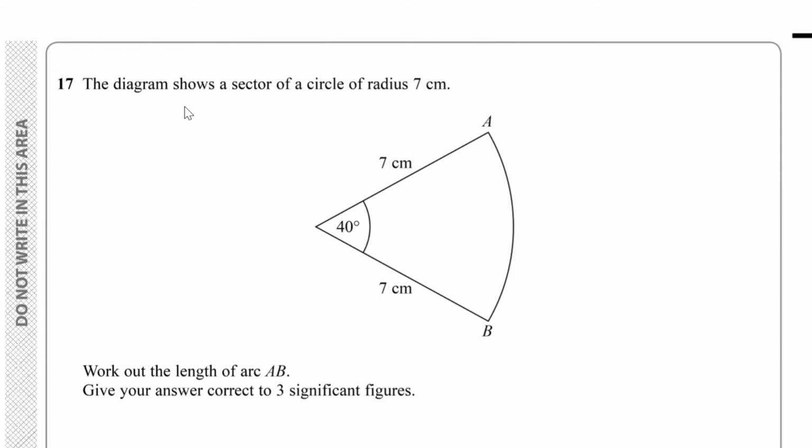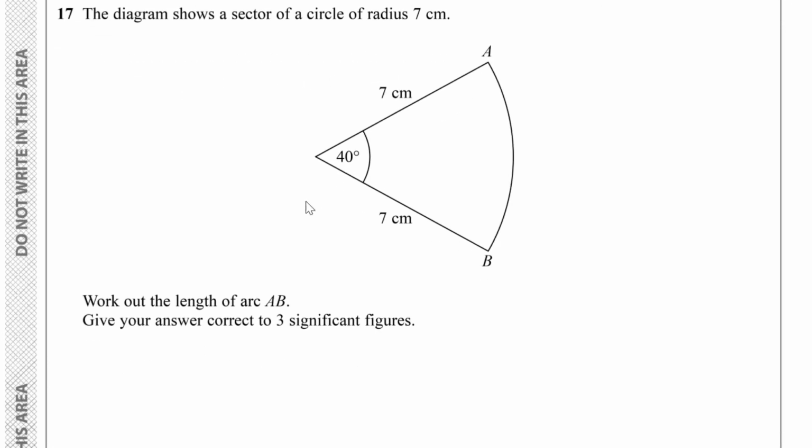Question 17. The diagram shows a sector of a circle of radius 7 centimeters, and we have to work out the arc length AB. Well, AB will equal a proportion of the entire circumference.